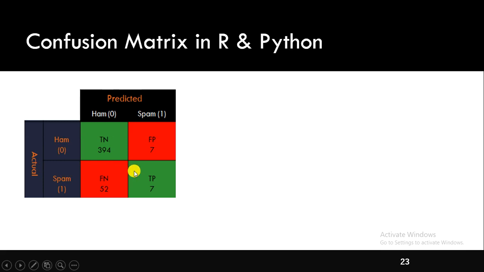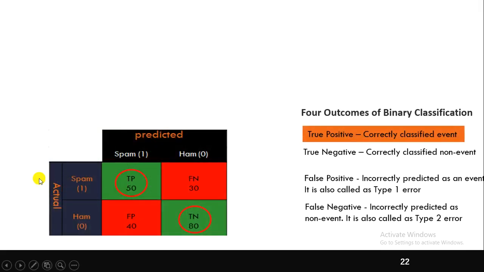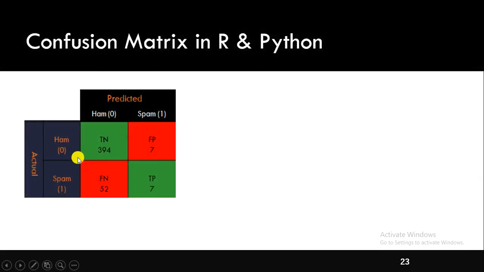Conventionally, we use the positive events in the first row and in the second row we specify the non-event. But in the case of R and Python generated confusion matrix, you will find the non-event will be in the first row and the event will be in the second row.